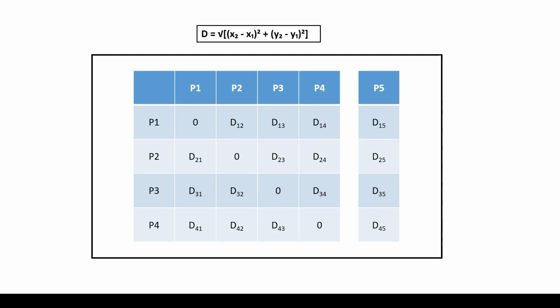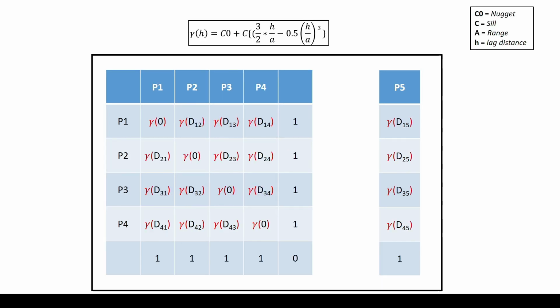When I'm creating a bunch of arrays to add these bunch of ones to an existing matrix, we're doing this to cover the part where the sum of weights needs to be 1. And when I'm creating a semivariance equation, we need variables for the C1, the C0, the nugget, the sill, the range, and so on.